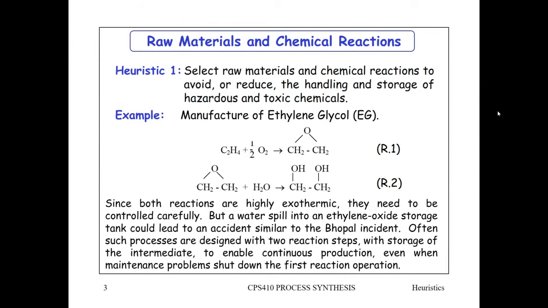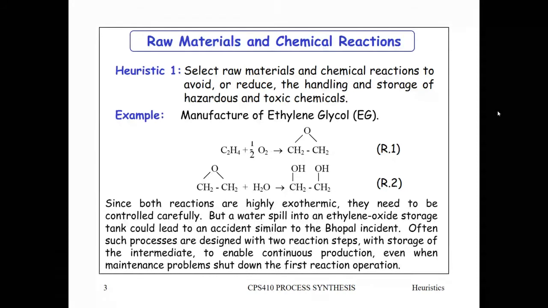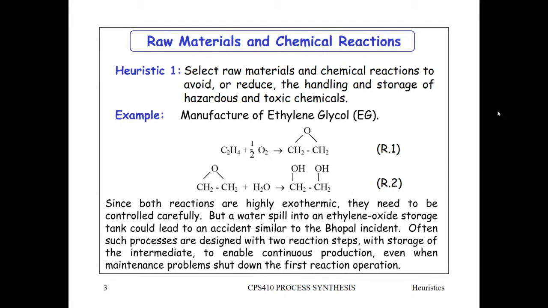Water spill into an ethylene oxide storage tank could lead to an accident similar to the Bhopal incident, where a cloud of toxic gas came off a plant due to a similar sort of incident, and that toxic gas drifted over a heavily populated area, and many people lost their lives in that incident.